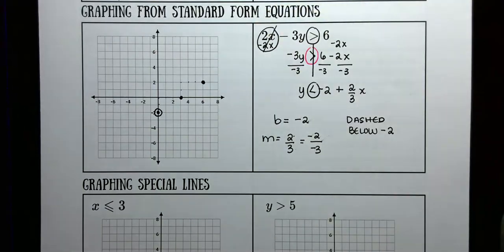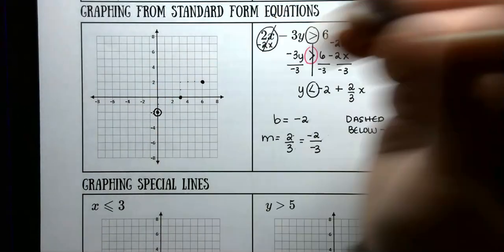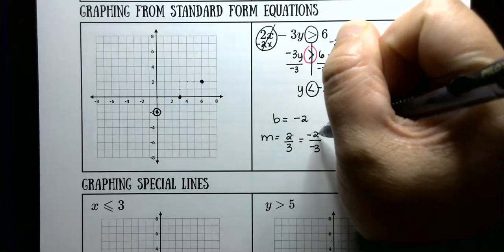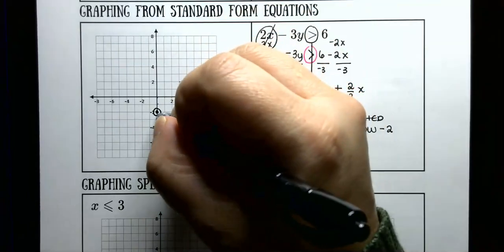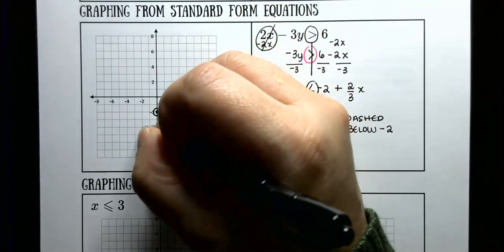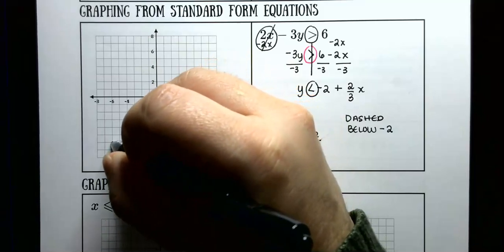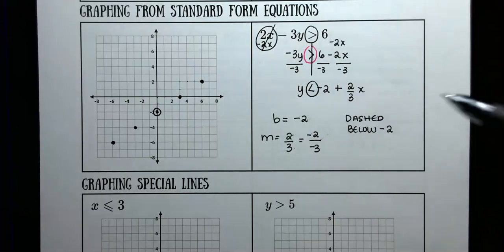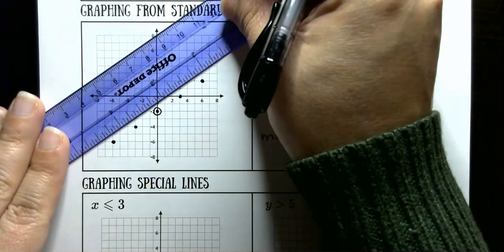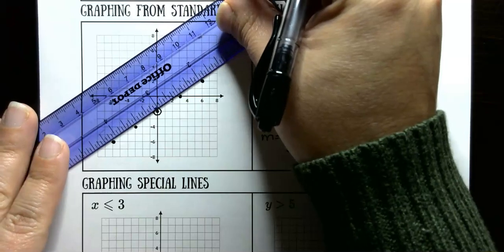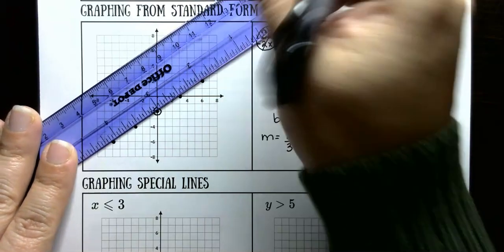And if you want to use your opposite slope, go back to your y-intercept, count down 2, and to the left 3. 1, 2, 1, 2, 3. Don't forget that this is a dashed line. So line up these points, make it dashed.